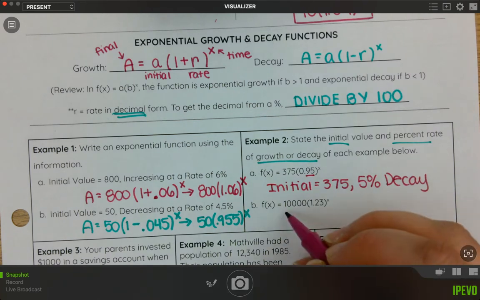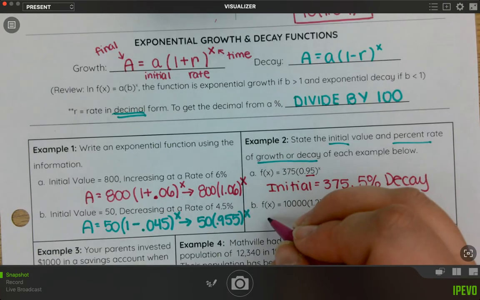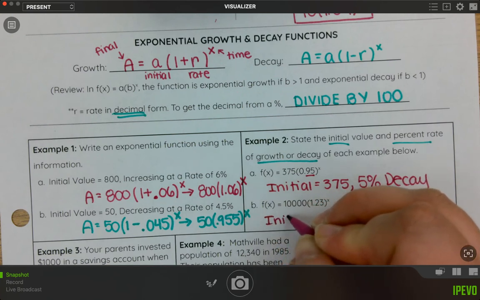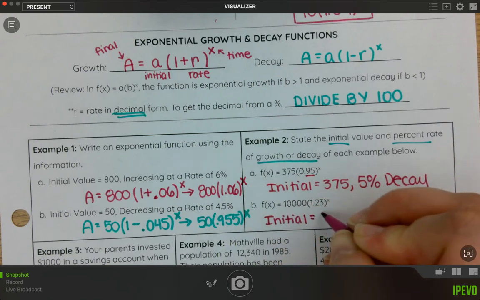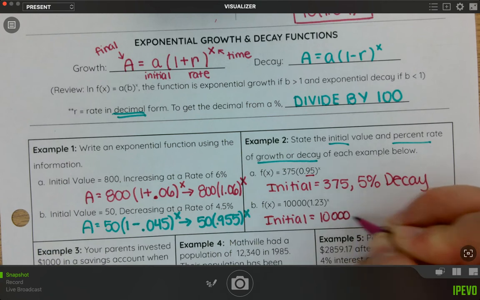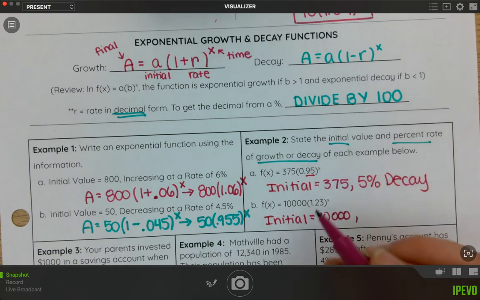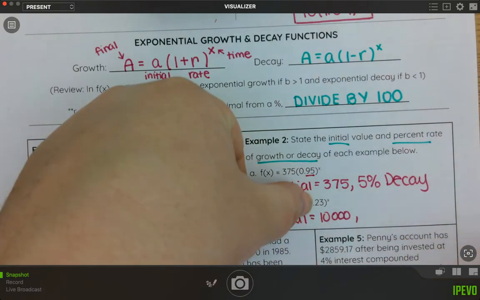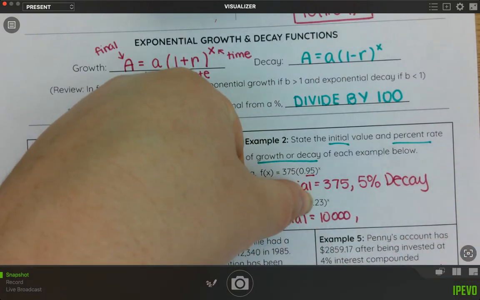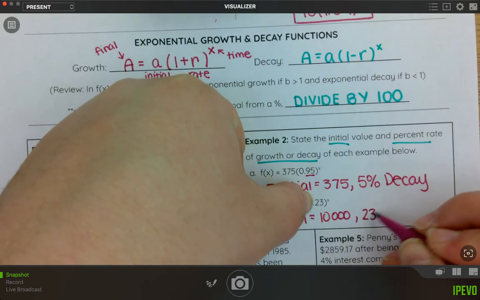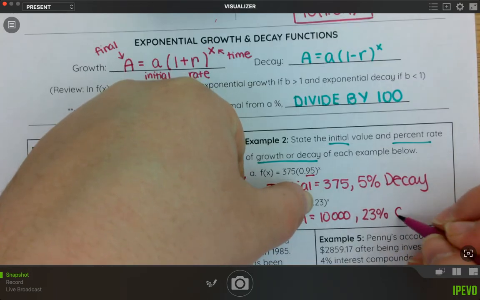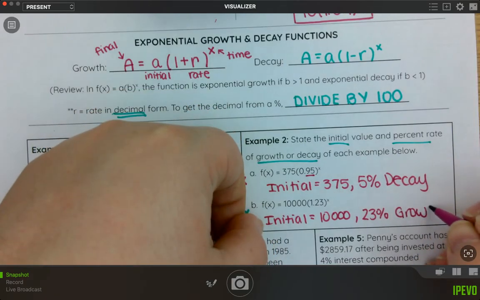Whereas this one starts with an initial value of 10,000. And this one has a 1 in front, so the percent's always going to be the part next to it like that, 23%. And that would be growth because the number in parentheses is bigger than 1.